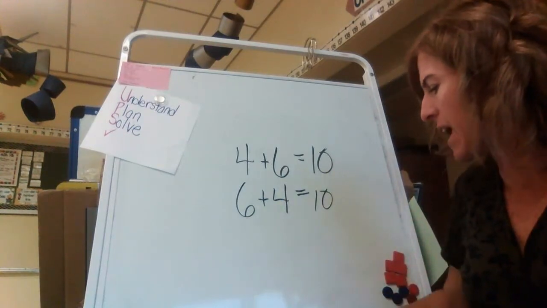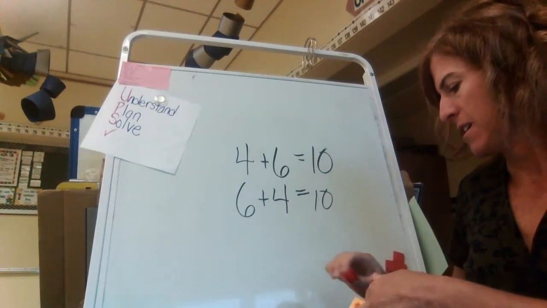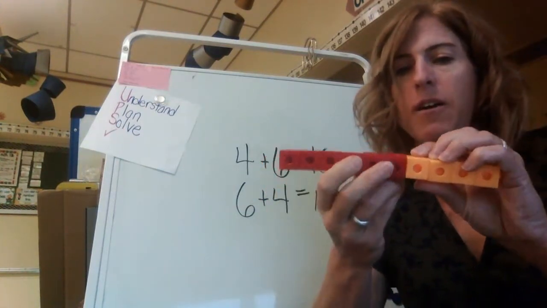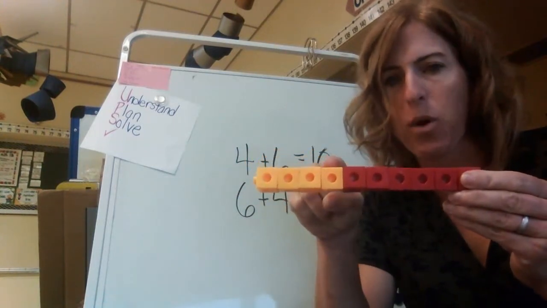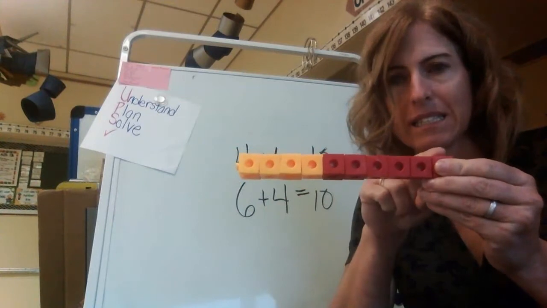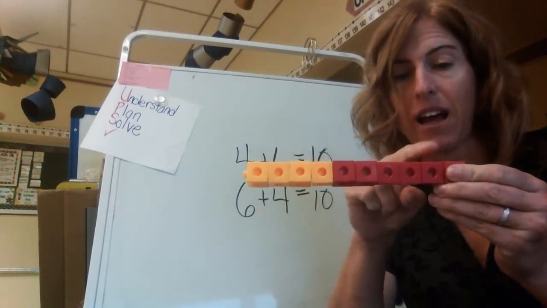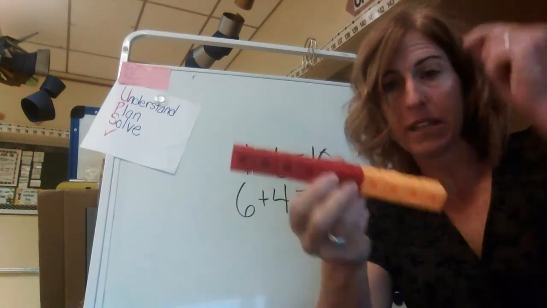That would be like me having 4 yellow blocks and 6 red blocks. When I start, I have 4 plus 6. That equals 1, 2, 3, 4, 5, 6, 7, 8, 9, 10. Then I say, abracadabra, please.